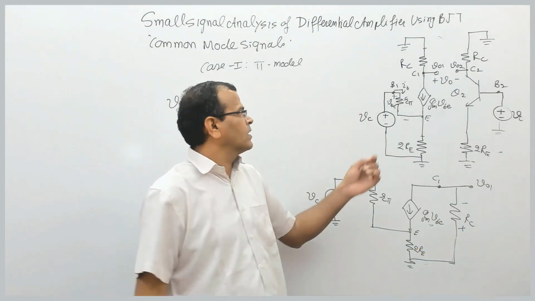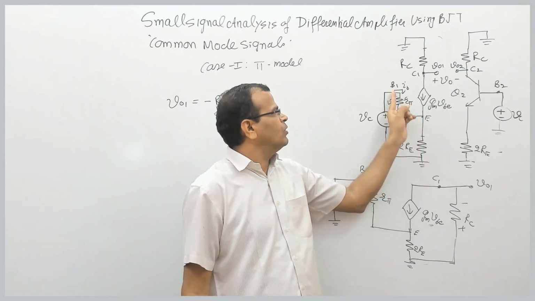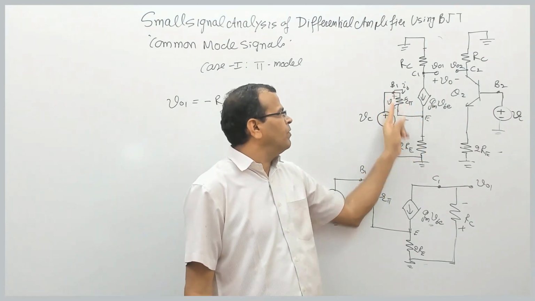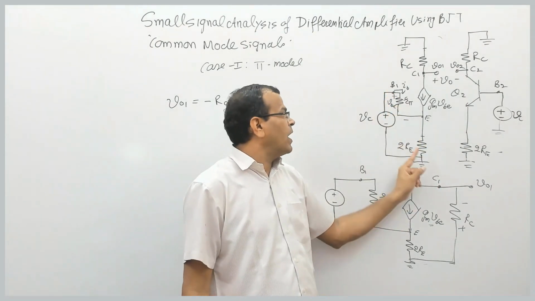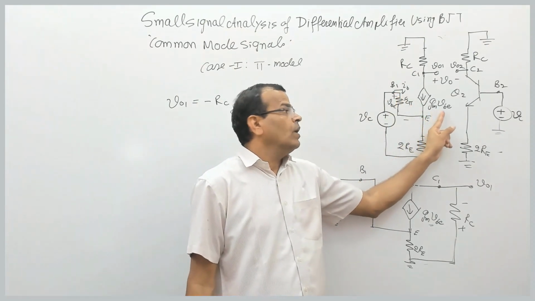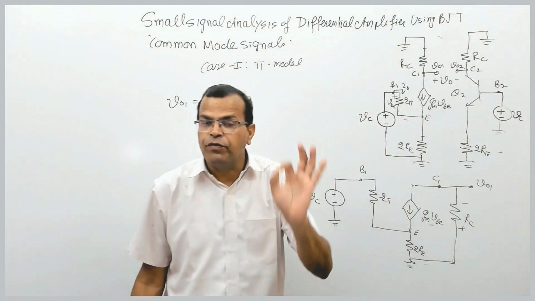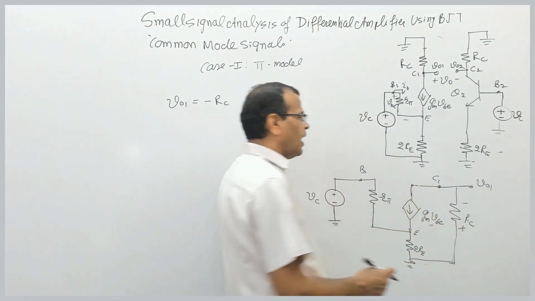Let me clarify this. Voltage gm into VBE is this voltage, but this VC is between B1 and ground, so there is a resistance also. Here we have the voltage between B1 and E, so it has to be VBE instead of VC. So please correct this, right? So this is what we have.